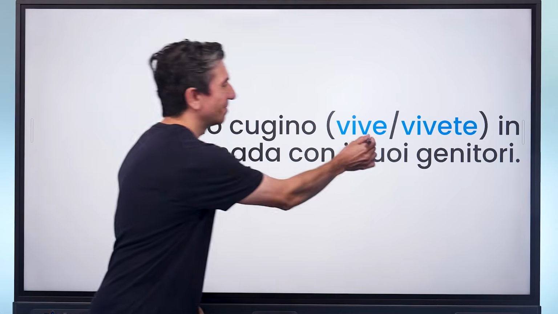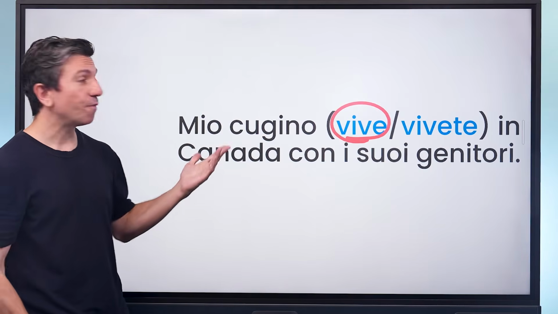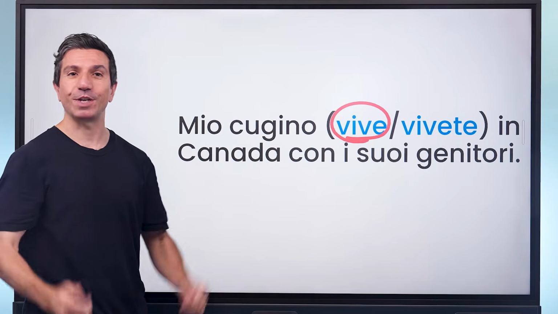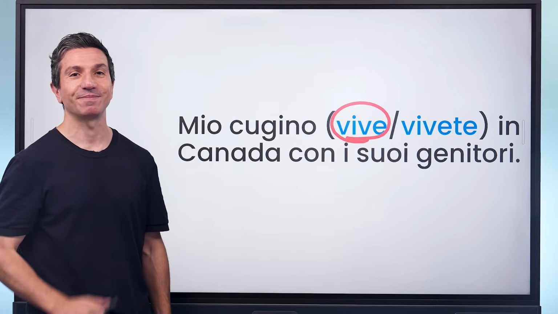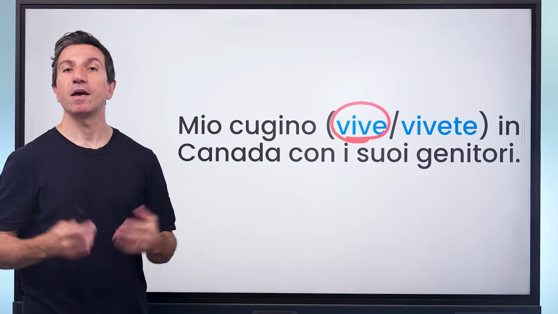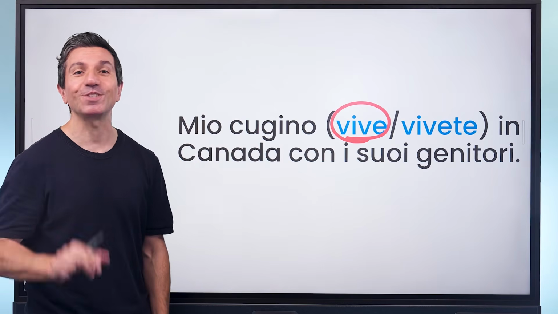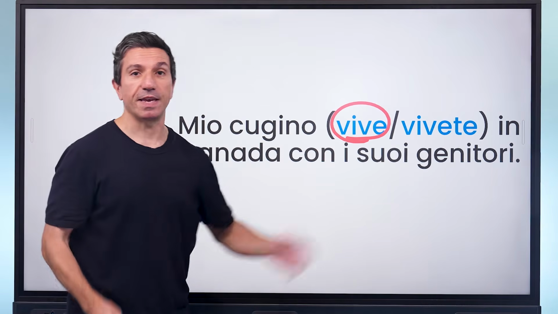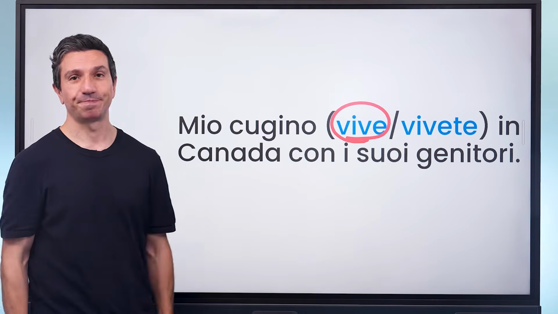Vive. Mio cugino vive in Canada con i suoi genitori. My cousin lives in Canada with his parents. We use vive because the subject is mio cugino, my cousin, which is third person singular. Vivete is incorrect because it is the second person plural form.